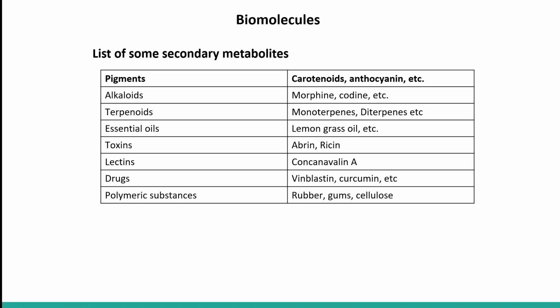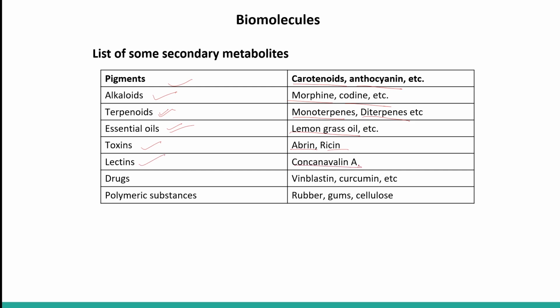Okay. So here is a list of some of the secondary metabolites. Alkaloids, for example, morphine and codeine. Pigments, for example, carotenoids and anthocyanin. Terpenoids, these are a form of oils, monoterpenes and diterpenes. Essential oil, lemongrass oil. Toxins, abrin and ricin.